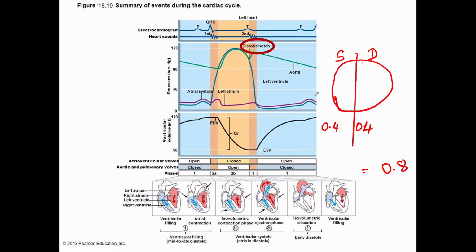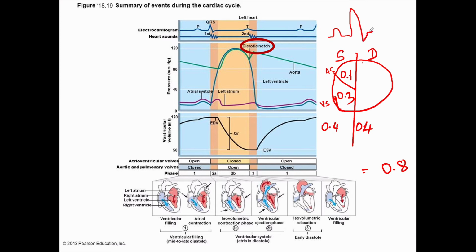Okay, so what happens during the time of systole? Only the atrium will contract first, which takes place in 0.1 second. This atrial systole is followed by ventricular systole, which takes 0.3 second. In the atrial systole, the P wave is formed in the ECG. Then during the ventricular systole, the QRS wave is formed.